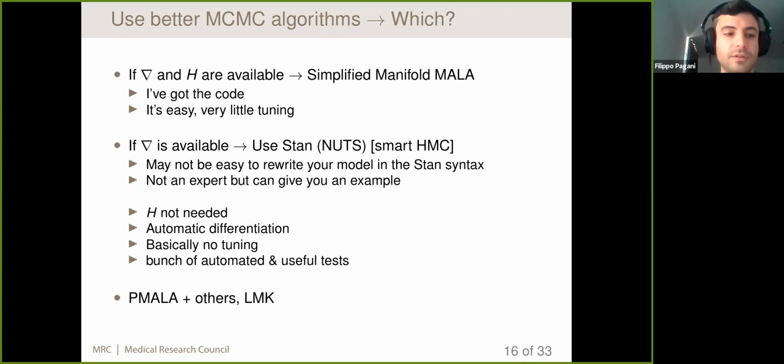Another algorithm that you could be using is the NUTS algorithm from Stan, which is basically a smarter version of HMC, which decides on its own when to turn around and finish the trajectory. It's a very good algorithm, and it only needs the gradient to function, but also it does automatic differentiation. So you don't actually have to compute the gradient yourself.